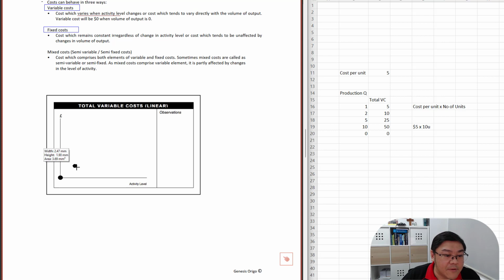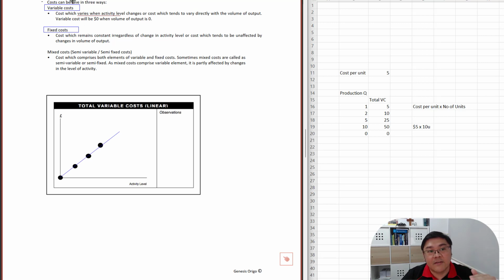If you make 1 unit, it's going to cost you $5. You make 2 units, it's going to cost you $10. If you make 3 units, it's going to cost you $15. That's the best I can do. So you would see that this is how the line is going to be.